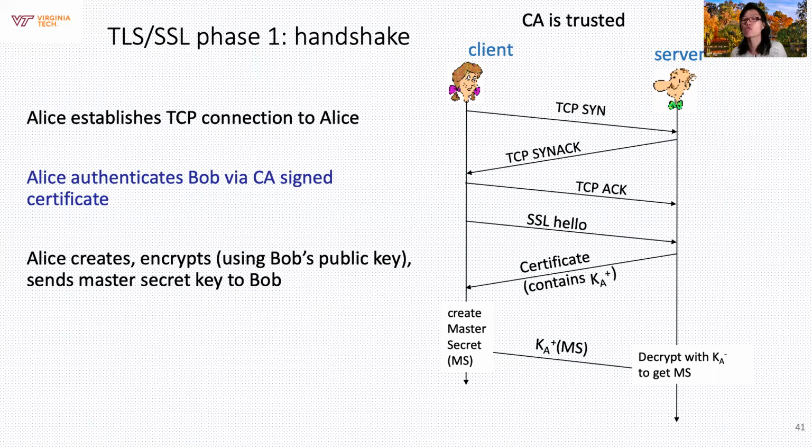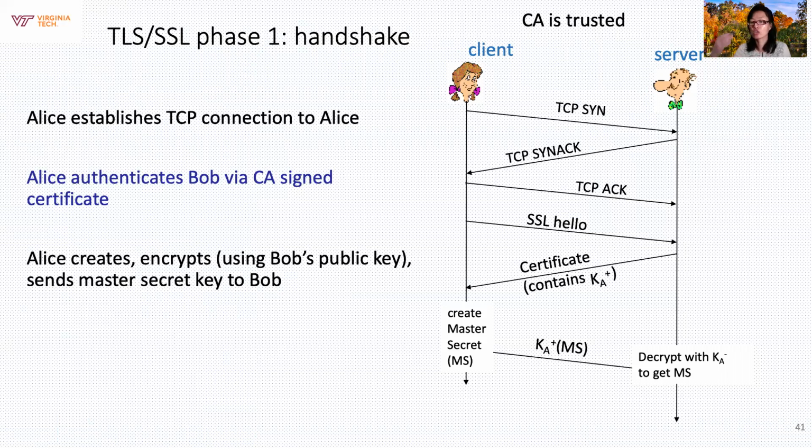The handshake, of course, is the most important step in TLS. You have a client send a request to the server requesting to connect, and it's always the client sending the request. So you have the regular TCP handshake, and then this SSL hello, which probably should be called TLS hello.